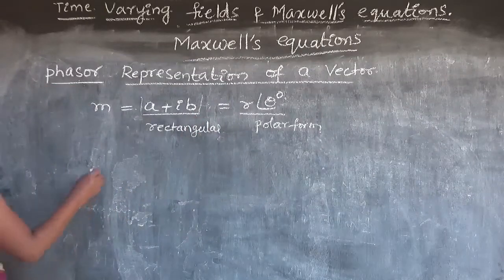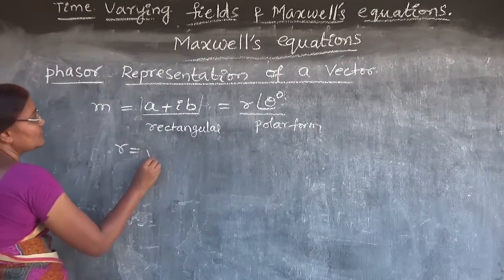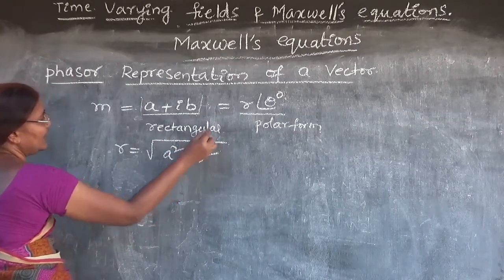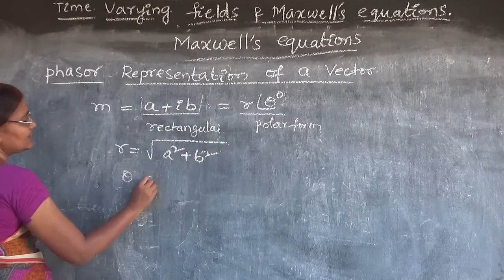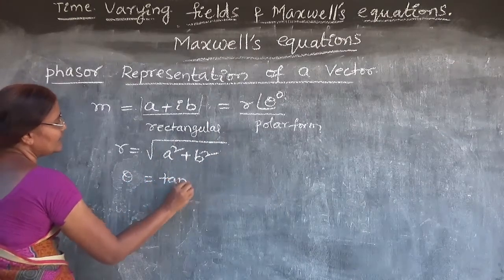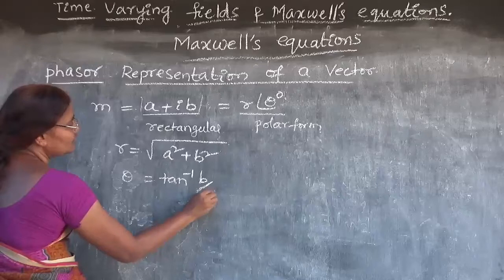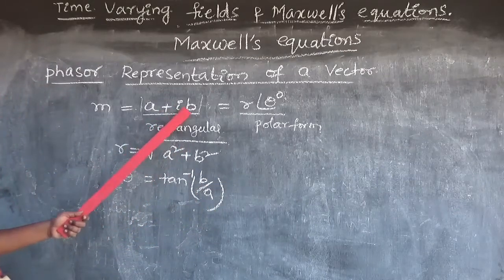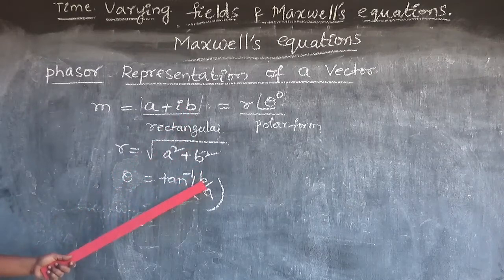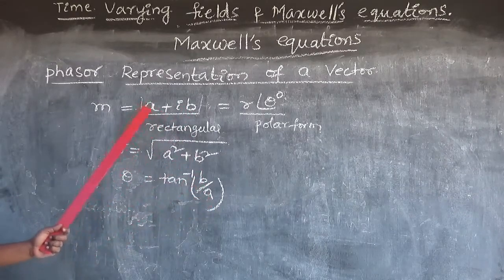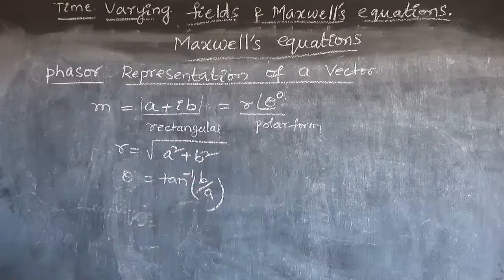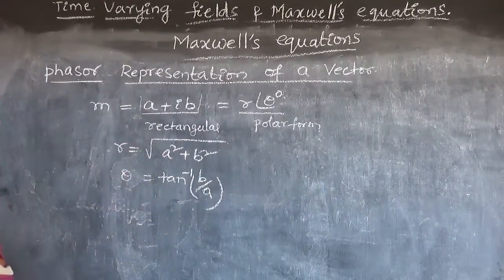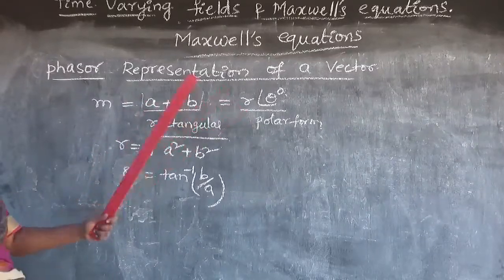R is going to be the root of a square plus b square, and theta is going to be tan inverse of b by a. You should remember that in the numerator you will get the imaginary part coefficient and in the denominator the real part coefficient. So this is the conversion of rectangular to polar form.